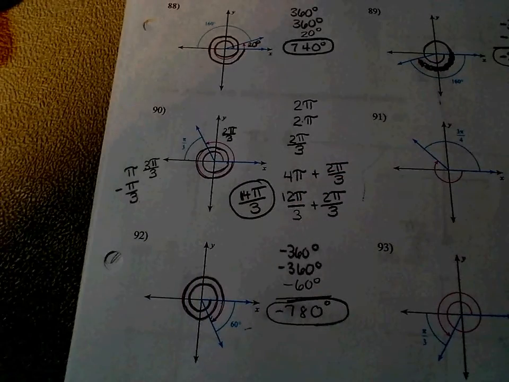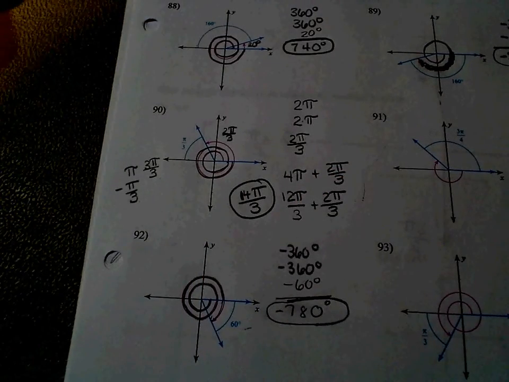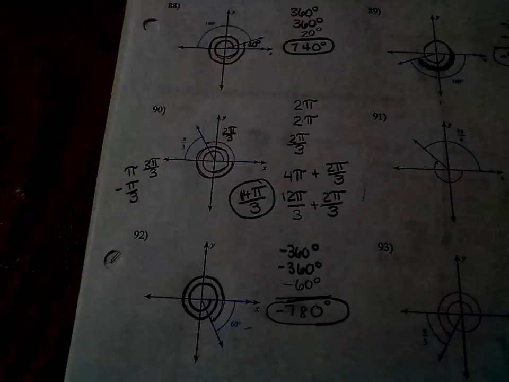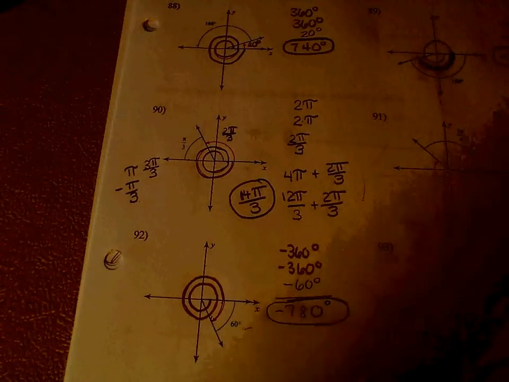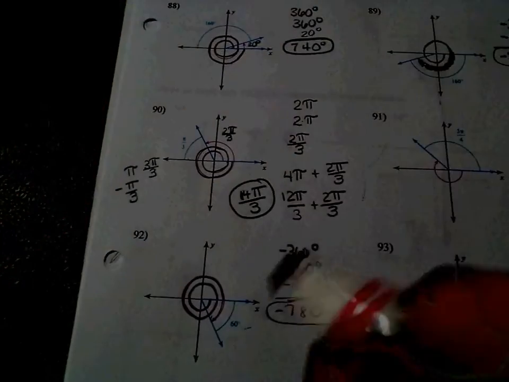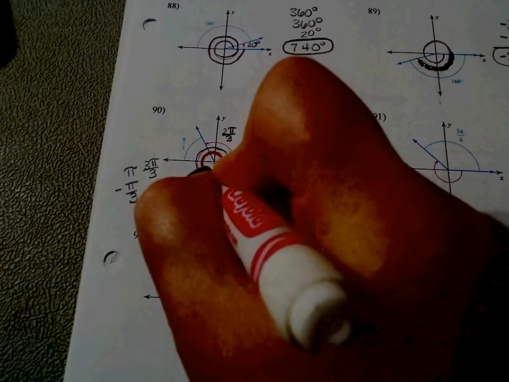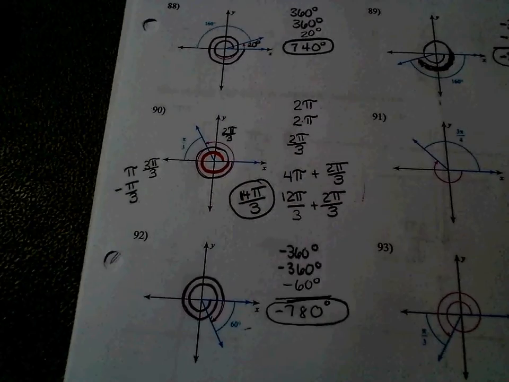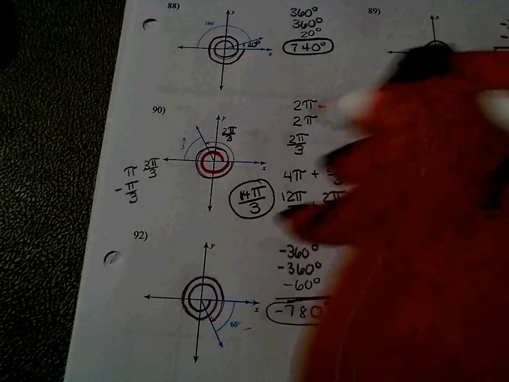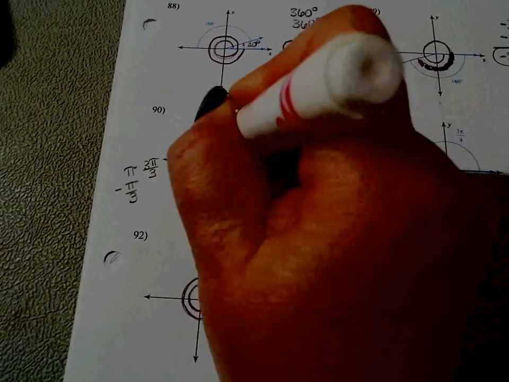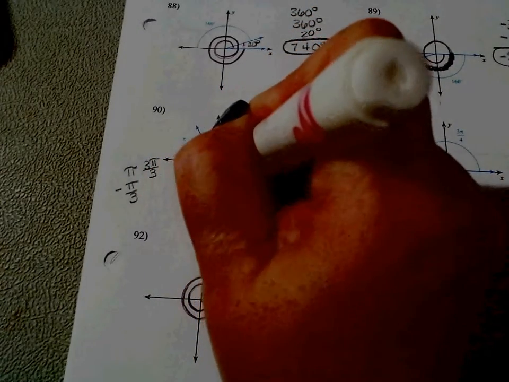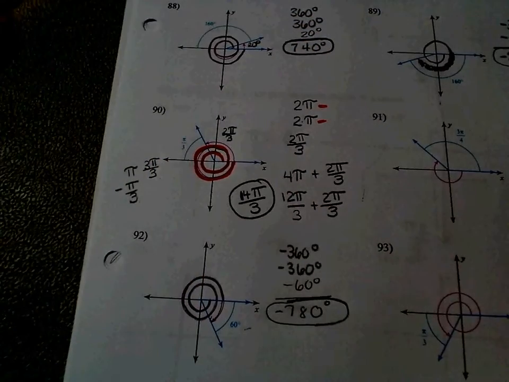Okay, let me go through it one more time. Let's see if I can get a color, so I can do it this time with color. Starting right here at the starting point, I go around once, and that's 2 pi. Then I go around again, and that's another 2 pi.